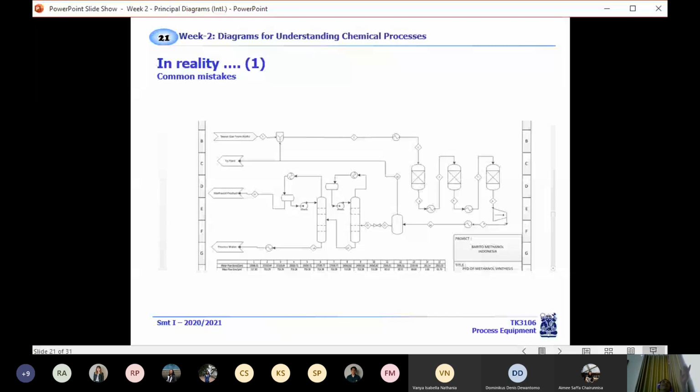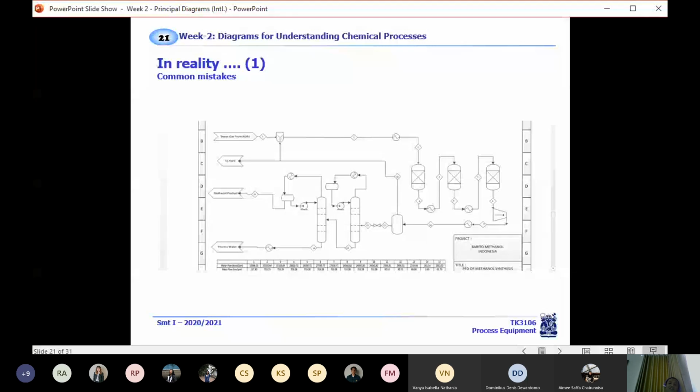It's the question from last year's exam. What is the mistake, or what is incorrect in terms of the PFD? I think there are quite a lot.